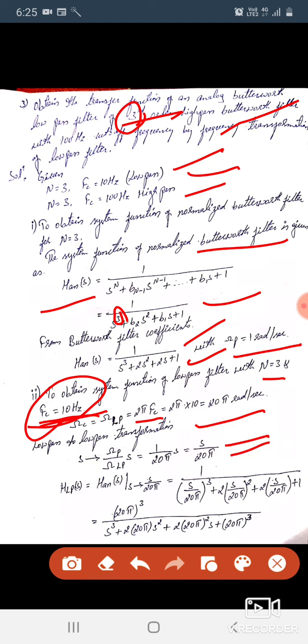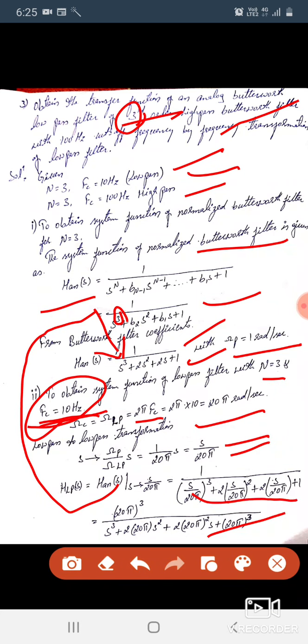Then you have to substitute this in the equation. Where is this? In this equation. S is going to change from S to S by 20 pi. If you solve, you will be getting the result like this, 20 pi raised to 3. I hope you know how to get this. Just substitute here, take the LCM from this, you can write in the above.